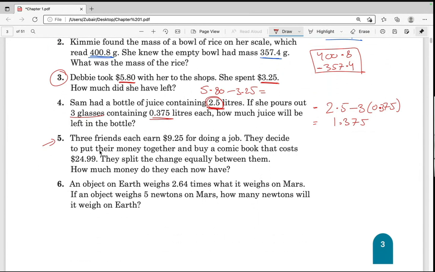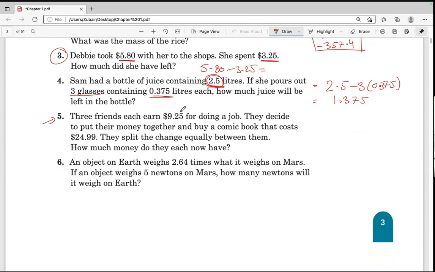Question 5. Three friends each earn $9.25 for doing a job. They decide to put their money together and buy a comic book that costs 24.99. They split the change equally between them. How much money does each now have? They are already earning this, so 9.25 multiplied with 3 is 27.75.